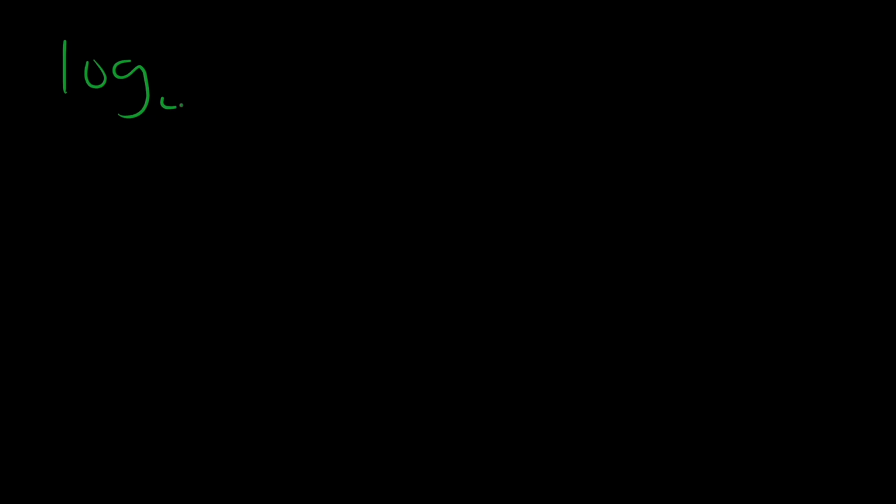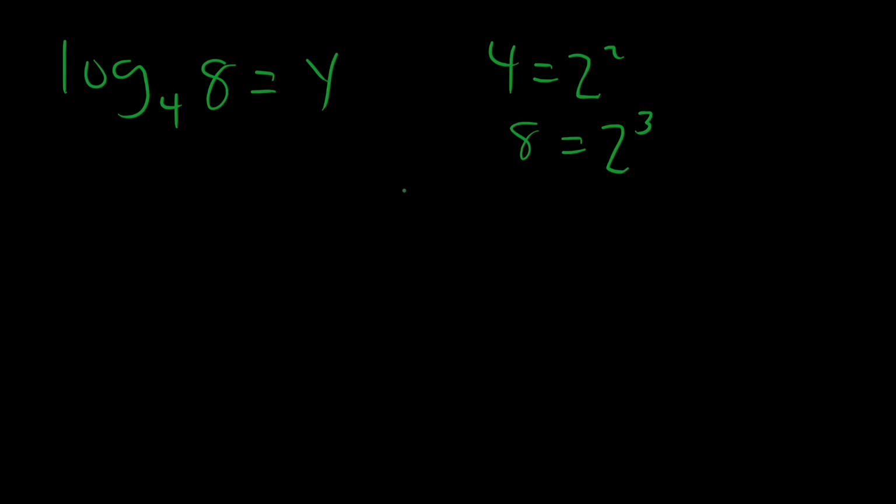Log base 4 of 8 is equal to y. What is the value of y? So here, there are also different ways of solving that. So we know 4 is equal to 2 squared, and 8 is equal to 2 cubed. So the equation becomes this.